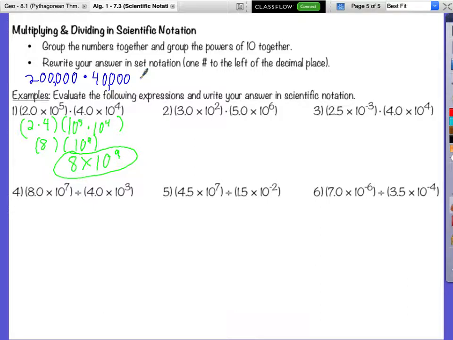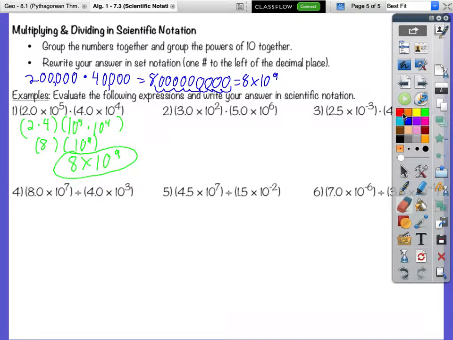But is that more work? I think so. We could do that, say 4 times 2 is 8, and then tack on all of these zeros, 1, 2, 3, 4, 5, 6, 7, 8, 9, and then move the decimal back over every time, and get 8 times 10 to the 9th. But I think this way is a little bit easier for us.